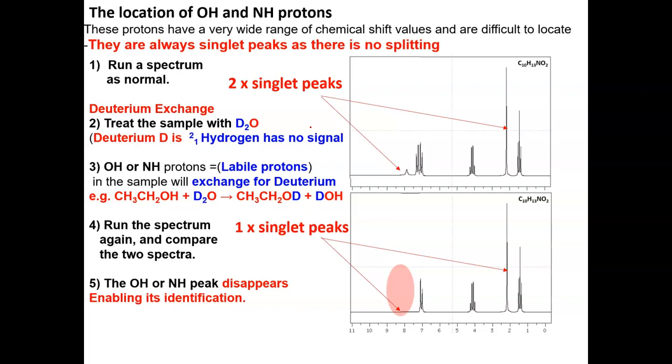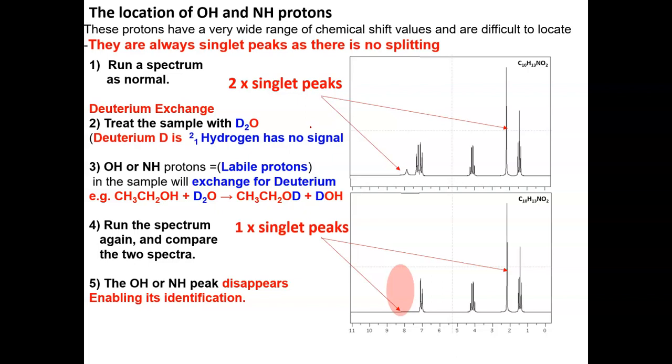We go through a double spectrum process, and the first one is a normal spectrum. We run a spectrum as normal, and as you can see from the top image, we've got 1, 2, 3, 4, 5 peaks. It does feature 2 singlets, one of which is our OH group, but where is it? So what we do next is we treat the sample with deuterium oxide. This is heavy water, D2O.